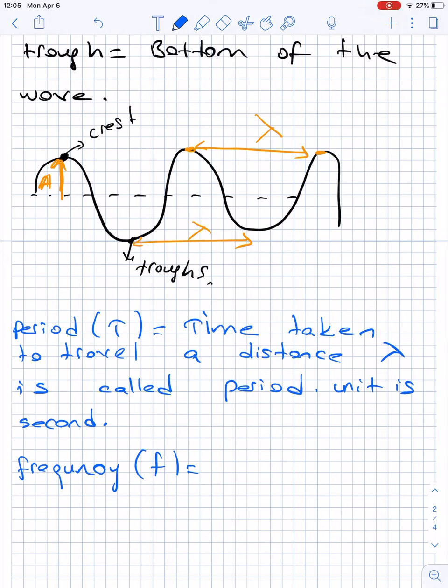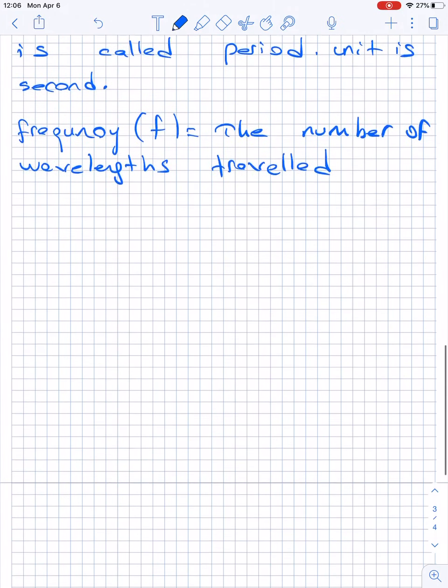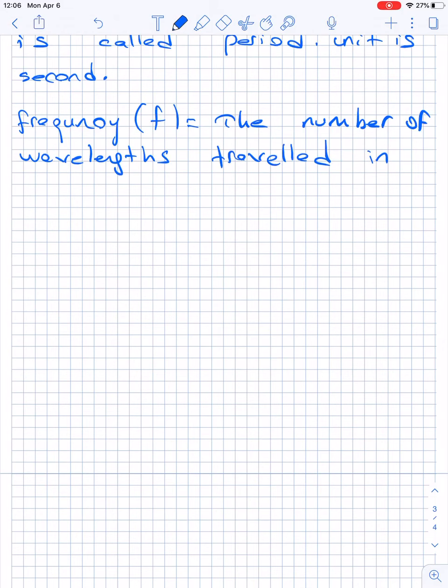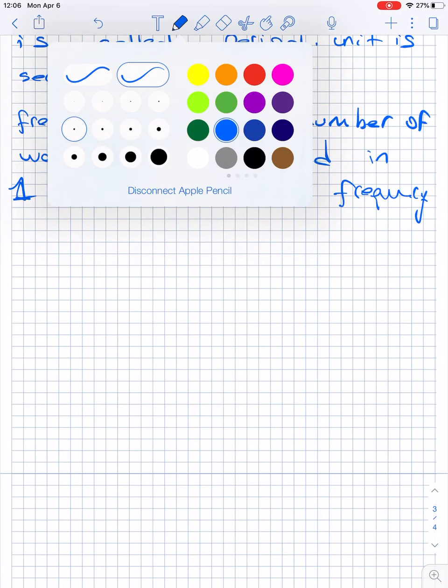What is the frequency? Please remember, frequency means the number of turns in 1 second. Definition: the number of wavelengths traveled in 1 second is called frequency.